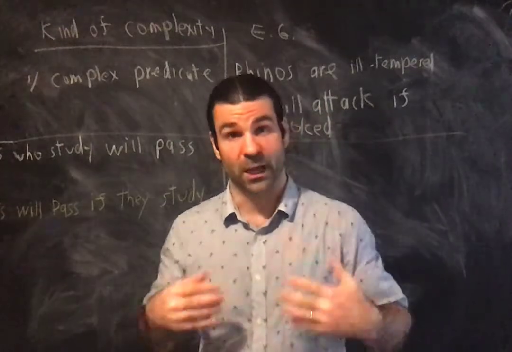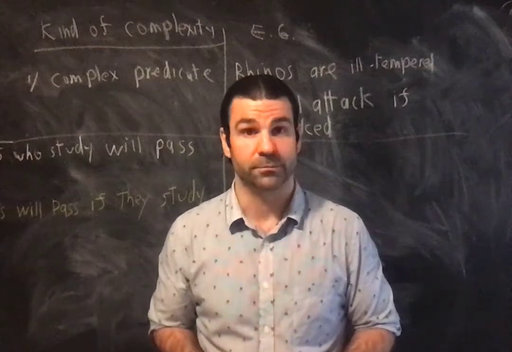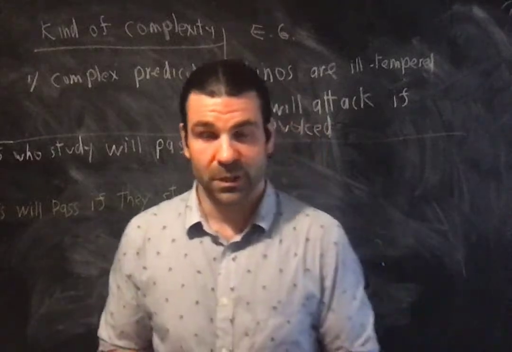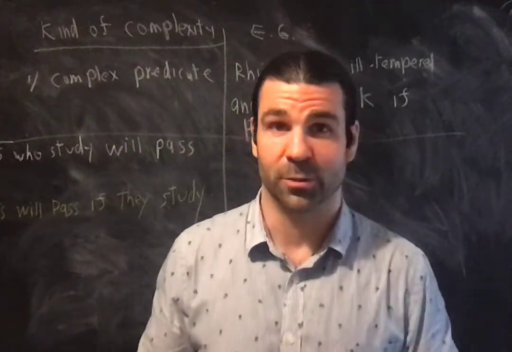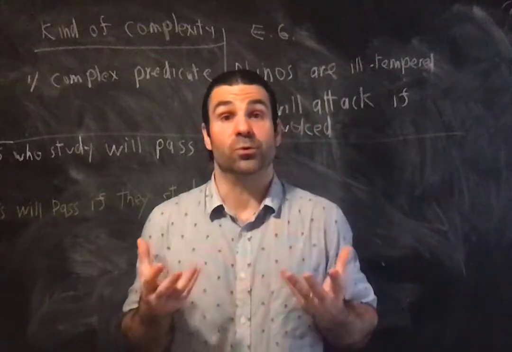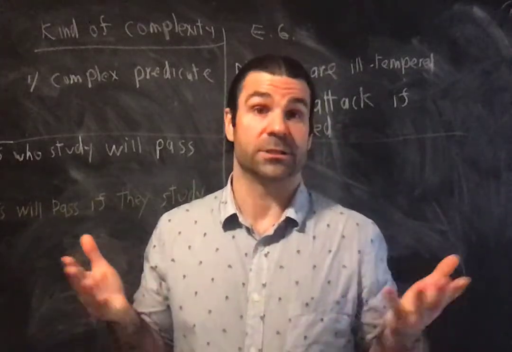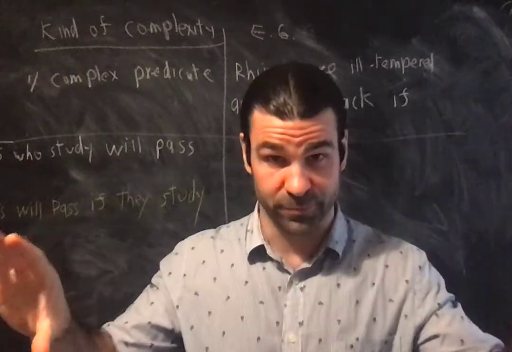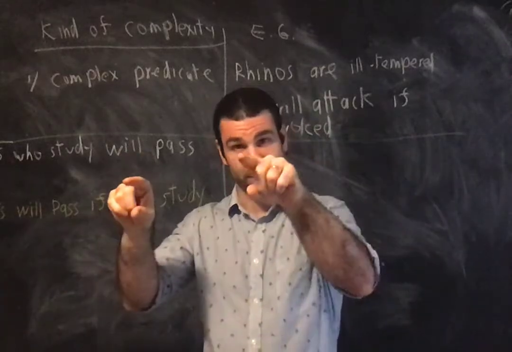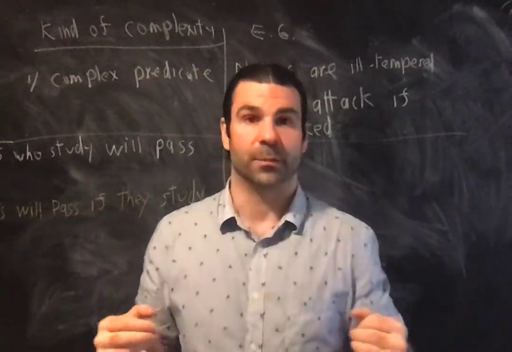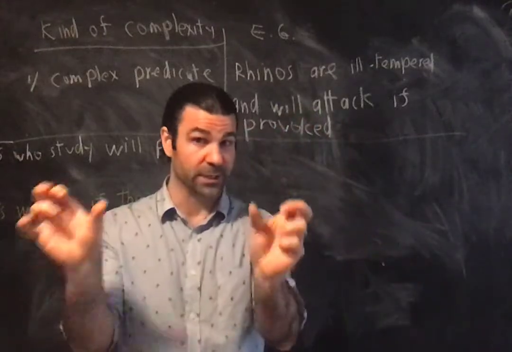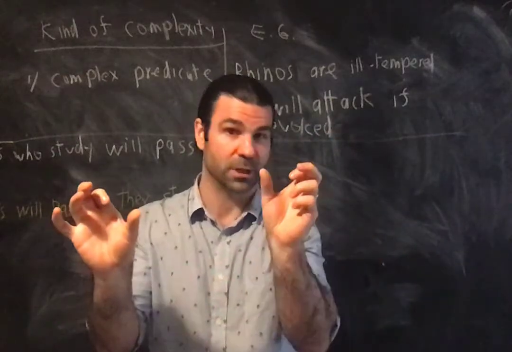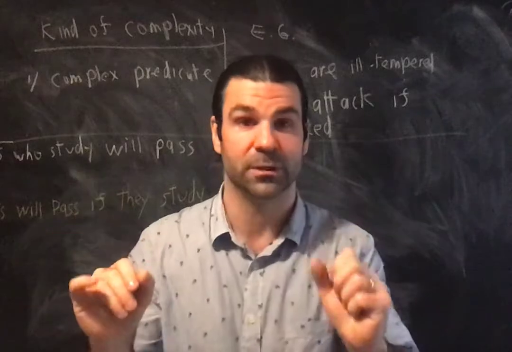So if you have a big, horrible categorical with a very complex subject and or a complex predicate, if you recognize the overall form of the thing as, say, universal inclusion, you should lay down the form of universal inclusion: for all x, brackets, and then a hook. And then plug the subject and predicate in English words, partial symbolization, into the subject and predicate place of the form.